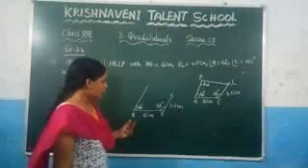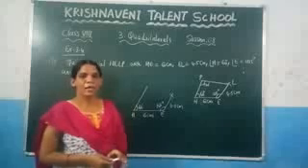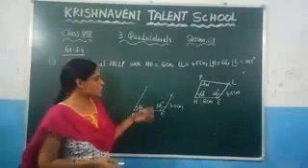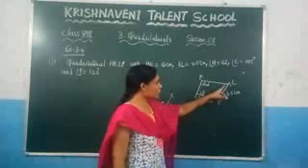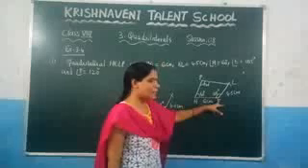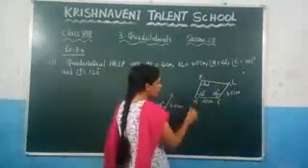Here you have to use the sum of the angles of the quadrilateral, which you know is 360 degrees. Since we know 3 angles, we can find the other angle. Just add these 3 angles and subtract from 360.